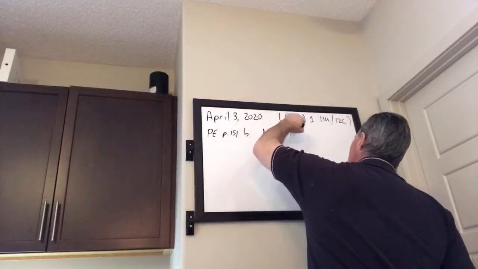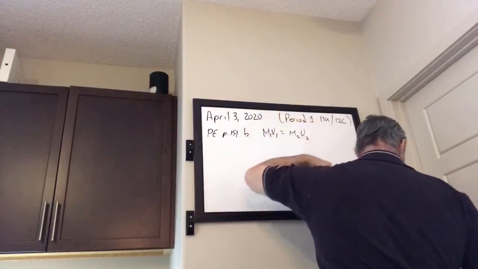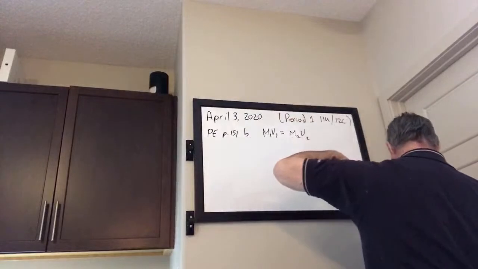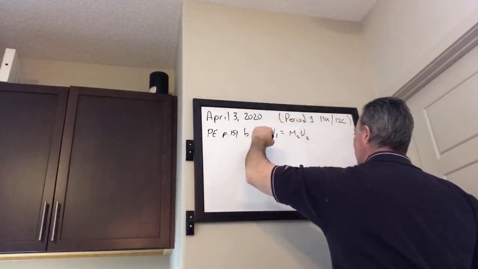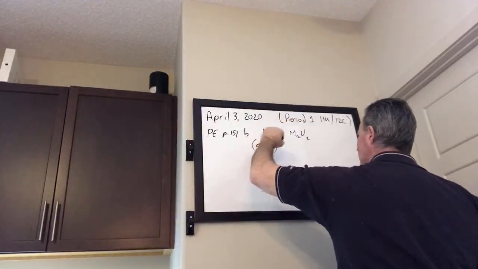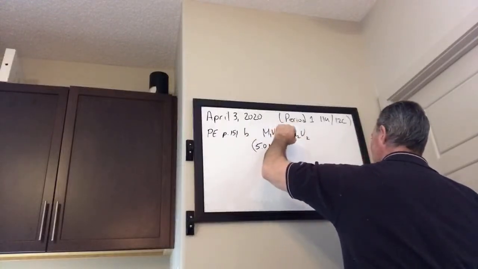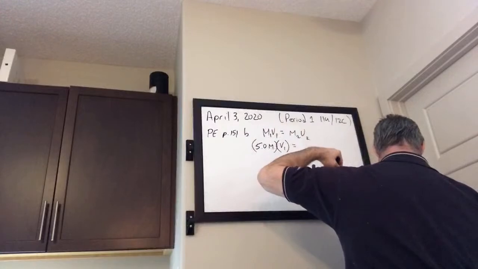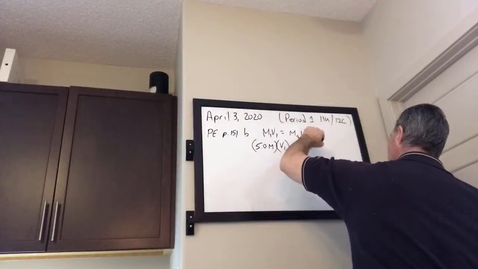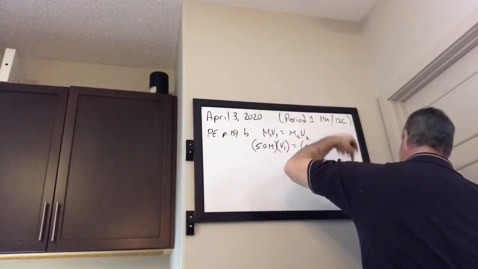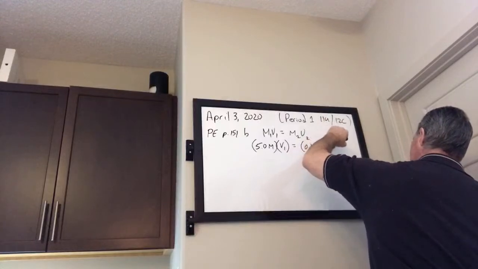M1V1 equals M2V2. You have 5.0 molar of the original concentration of the solution. They say how much volume of it do you need to prepare 250 milliliters of a 0.1 molar solution.